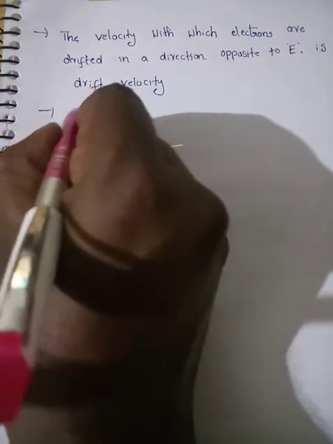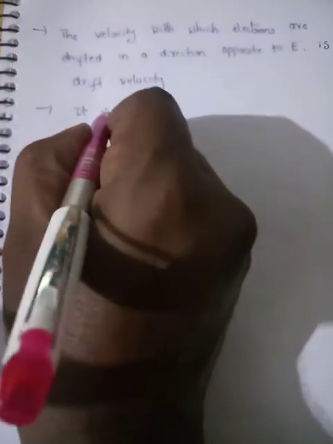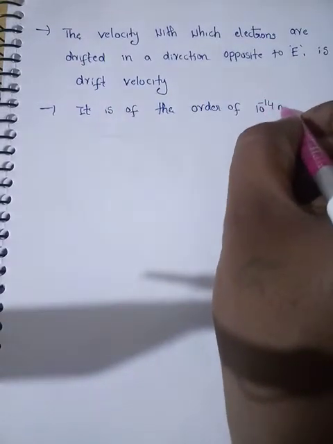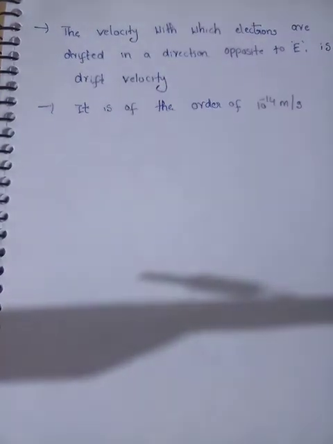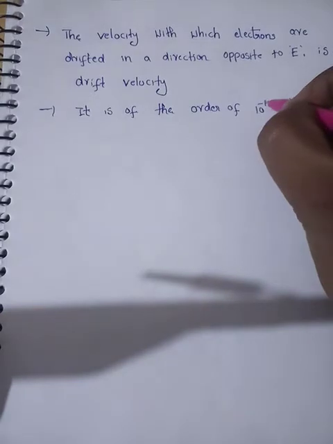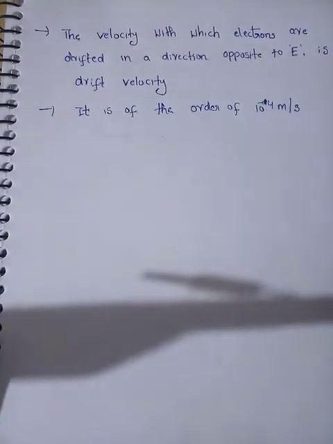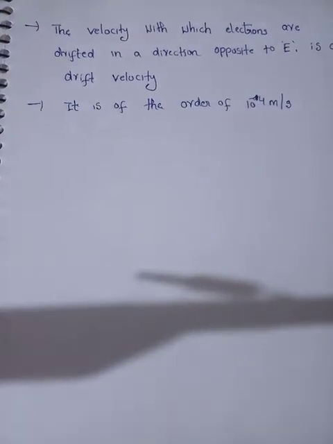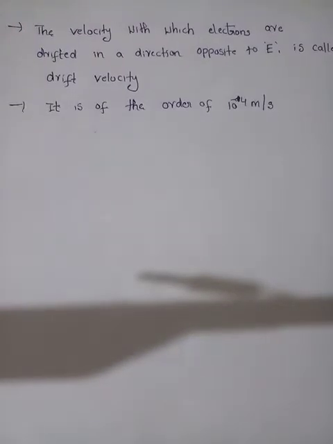If you calculate the drift velocity of these electrons, it is of the order of 10 raised to minus 4 meter per second. So that is drift velocity. So what is drift velocity? Before that, in a conductor all the electrons are in motion, but due to random motion the net velocity is 0.